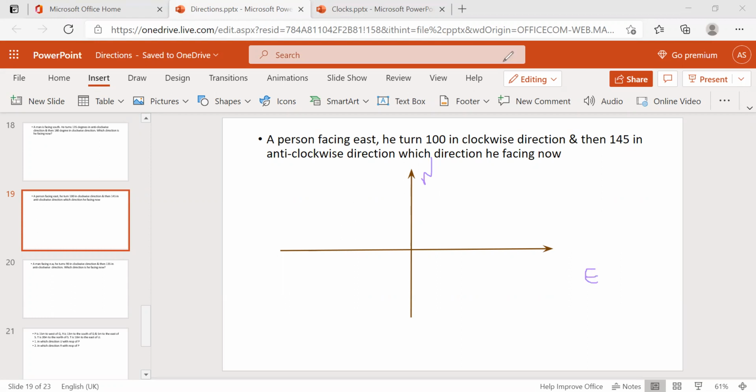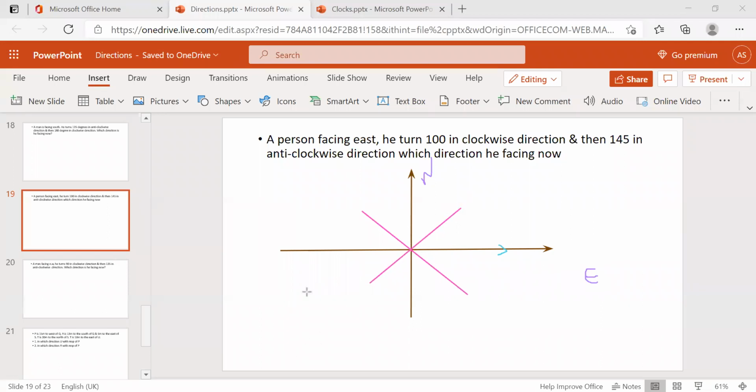A person is facing east side, so he is facing this side. He turns 100 degrees clockwise. If you want clear data, you can draw the sub corners also.